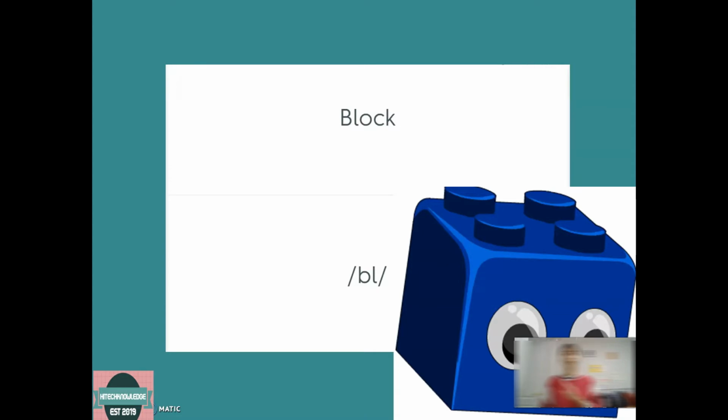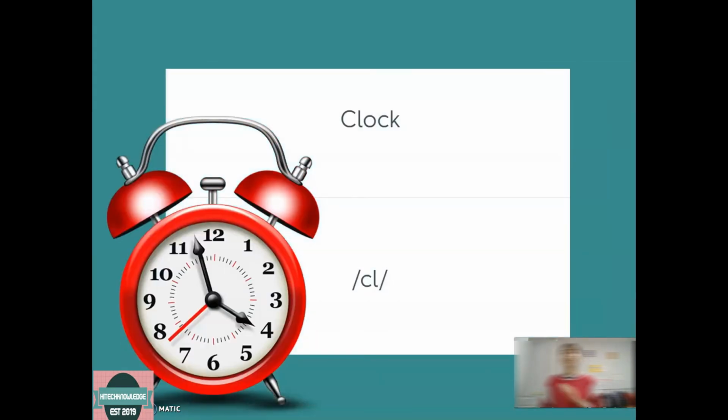The first is block. When we say block, we know we have spelled the sound of B and L as "bl". Let's repeat it. Bl, block. Moving on. Clock. Cl, clock.